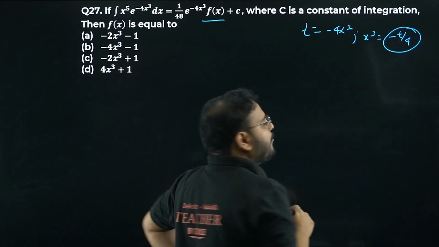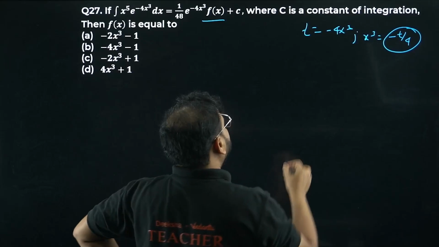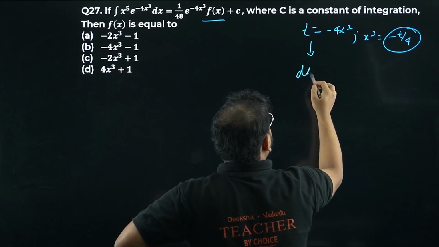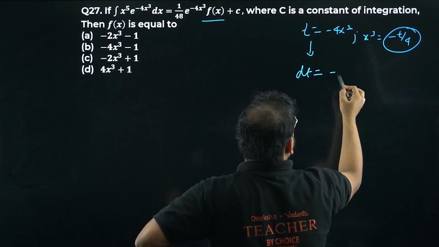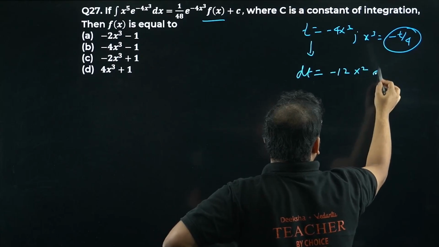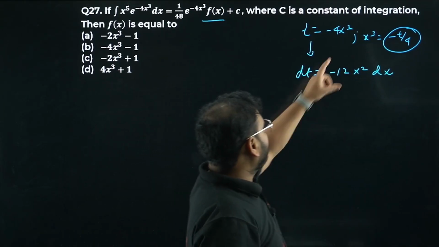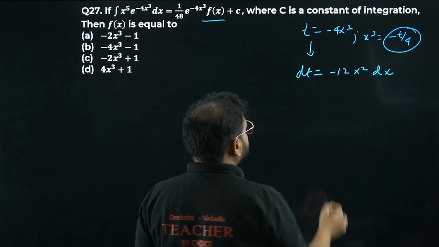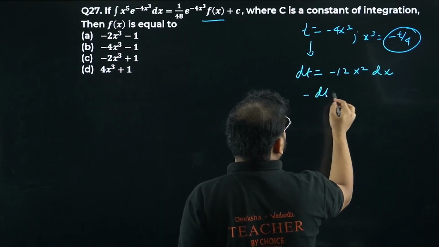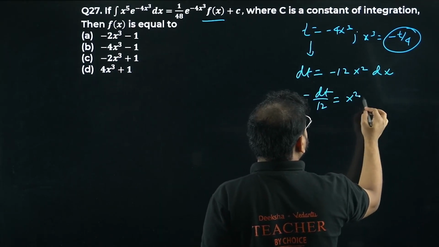And taking the derivative, we get dt equals, please check, minus 12 x square dx. How come, sir? Because 4 into 3, right? So minus 12. From here I get minus dt by 12 equals x square dx.